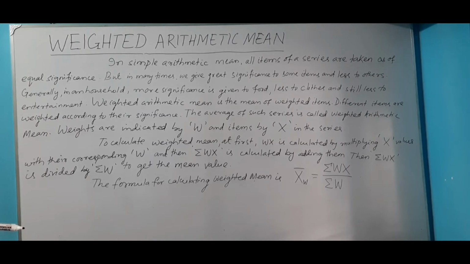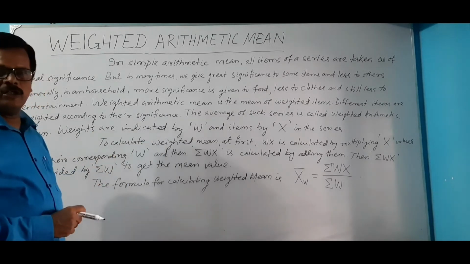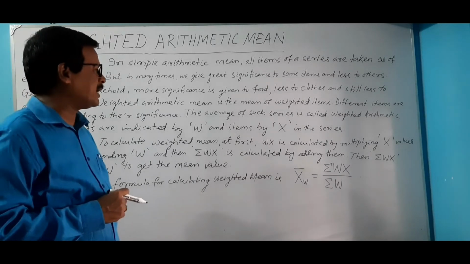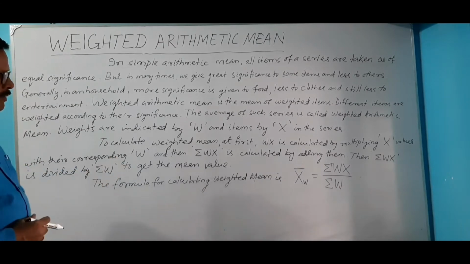To calculate a weighted mean, at first Wx is calculated by multiplying X values with their corresponding W values, and then summation Wx is calculated by adding them. Then summation Wx is divided by summation W to get the mean value.